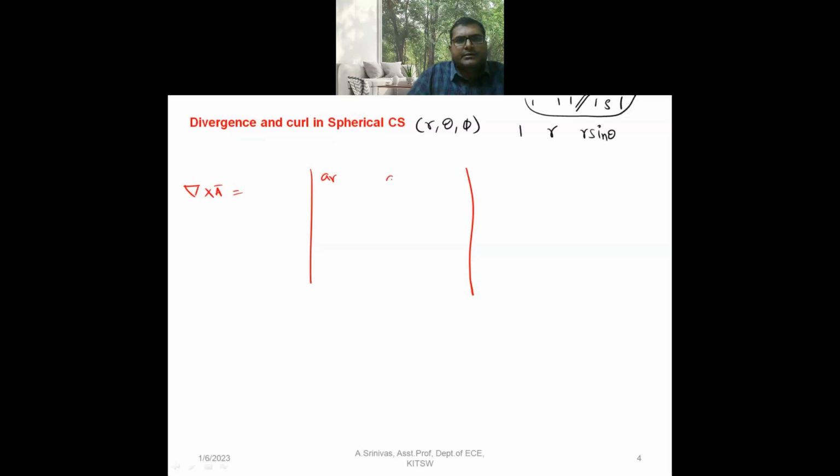AR, A theta, A phi, dou by dou r, dou by dou theta, dou by dou phi. Vector components AR, A theta, and A phi. 1 by.